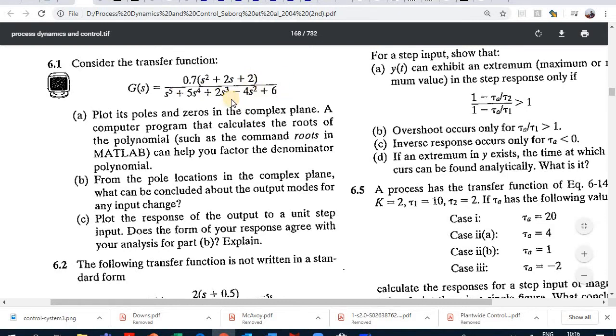I just want to give you the idea: remember, the poles are plotted as X and the zeros as circles, and the poles are the roots of the denominator and the zeros are the roots of the numerator, and then you're going to see that on the complex plane and see which one is dominant. Okay, so don't worry about it.